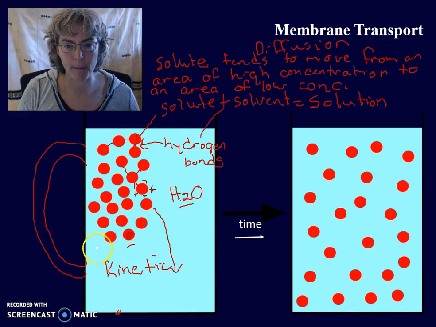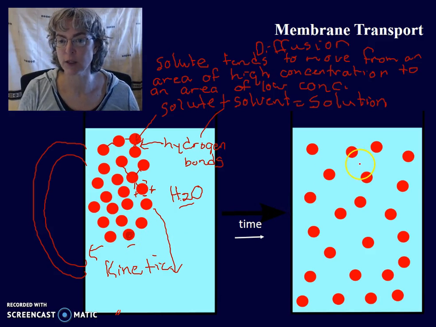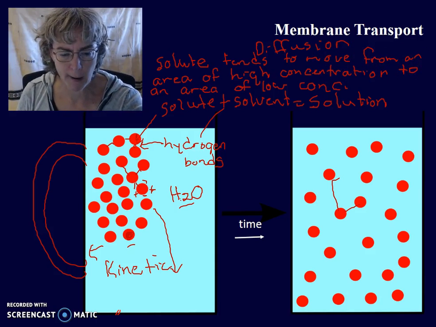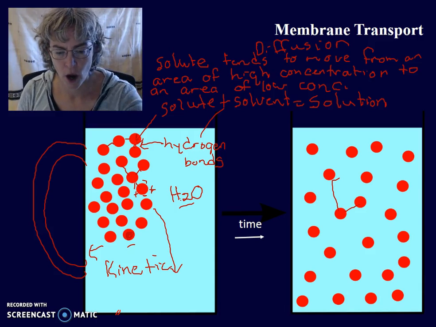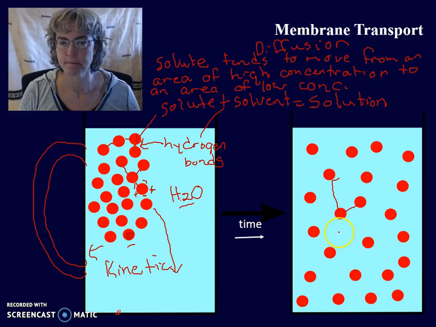They're all moving around, bouncing off of each other, bouncing off the walls until they spread out. So they all have their own personal space. So solute tends to move from an area of high concentration to an area of low concentration until the concentration is equal across this space.